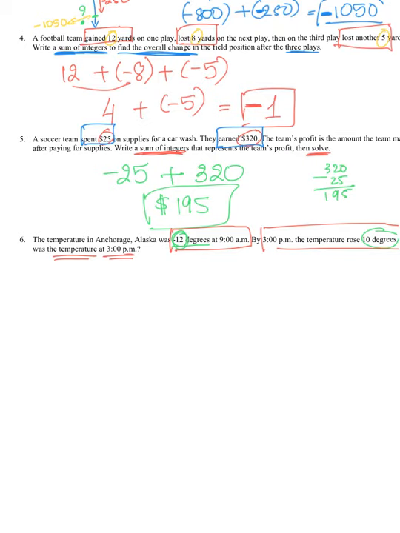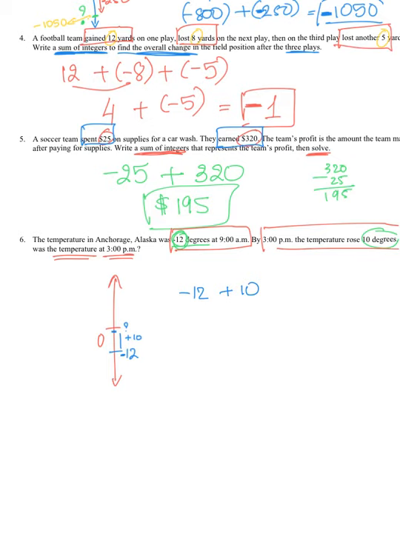So again, you can draw your number line. For temperatures, I draw a vertical number line, negative 12 degrees at 9 o'clock. And then it rose 10 degrees. So rose 10 means you're going to add 10. And then what is this point at 3 p.m.? So negative 12, and then you add 10.